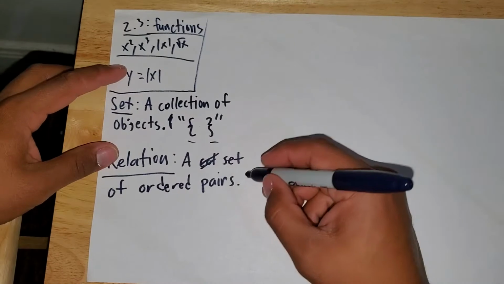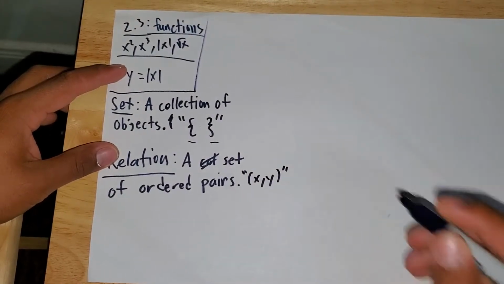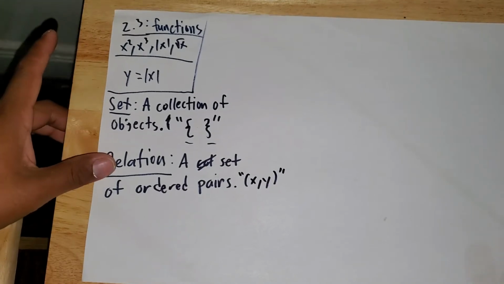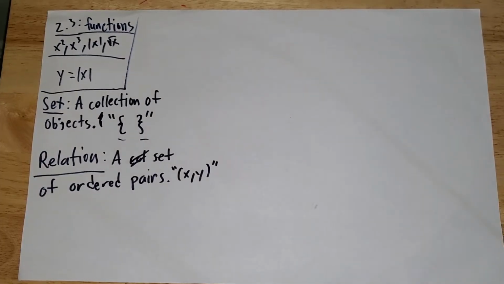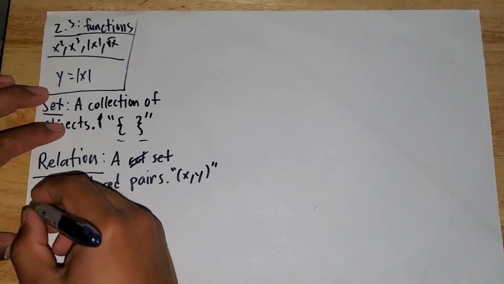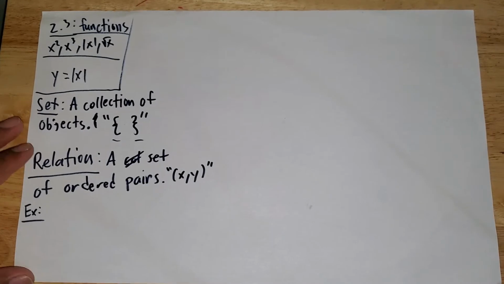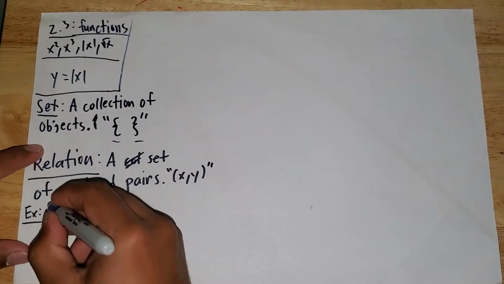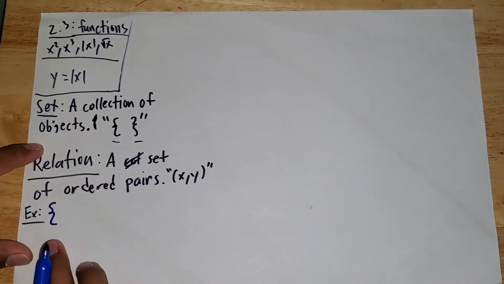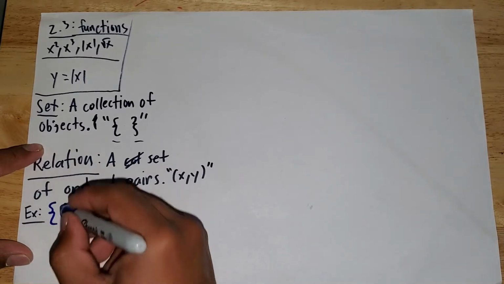Remember, ordered pairs are just the x comma y, those coordinates, those points that we can graph on the x and y plane. So for example, a relation looks like this. It's just a set, so we have to use set notation, and it's just a collection of ordered pairs.